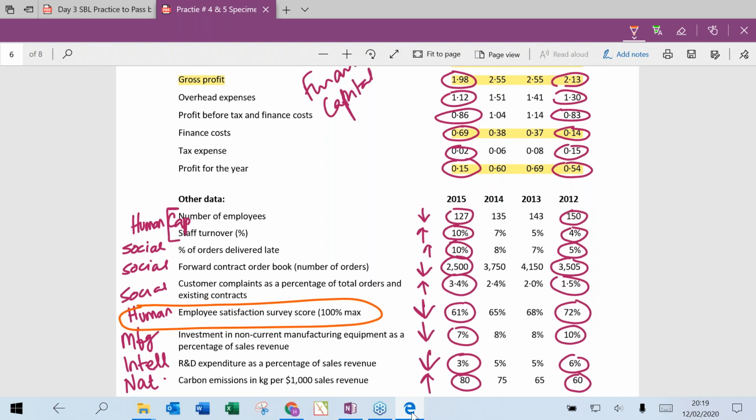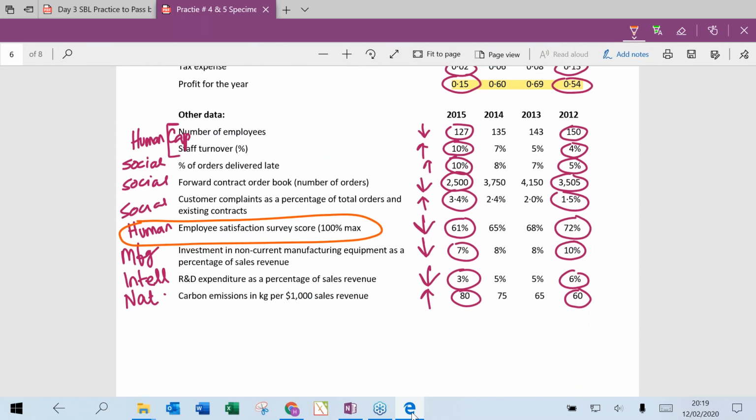What about social capital? There are 3 points. You cover all these things. Orders are getting late, forward contract order book is reducing, and customer complaints have doubled. This shows that our social capital has depleted. Under manufacturing capital, our investment is reducing, so our manufacturing capital is depleting. Our research expenditure as a percentage has reduced by 50%.